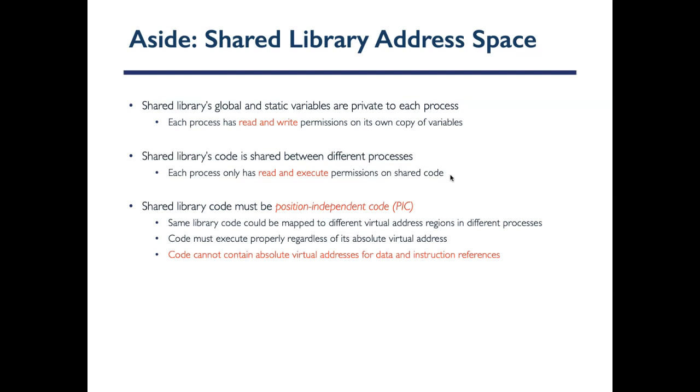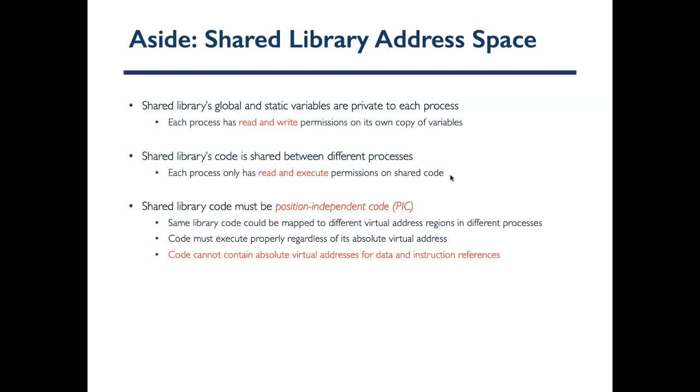But if you have a jump, let's say you want to jump to the beginning of a routine, so that you might want to have an actual virtual address to jump to. Now that jump has to be relative. You cannot use absolute addresses. Why? Because there are no absolute addresses.